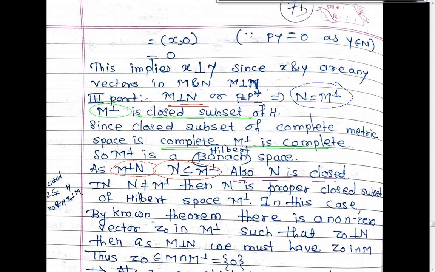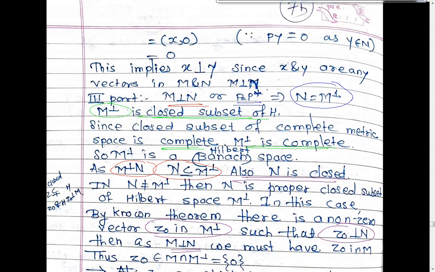So by a known theorem, there is a vector z0 in M perpendicular such that z0 is orthogonal to N. We have proved this result in the topic orthogonal complements. You just recall this result and apply it here in this section.